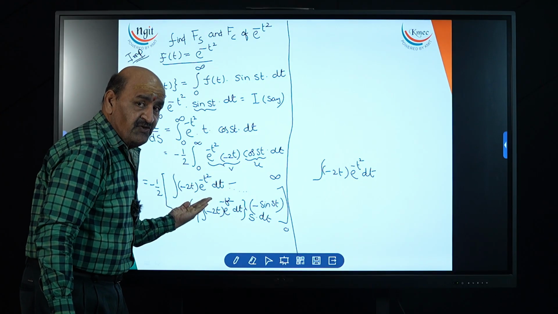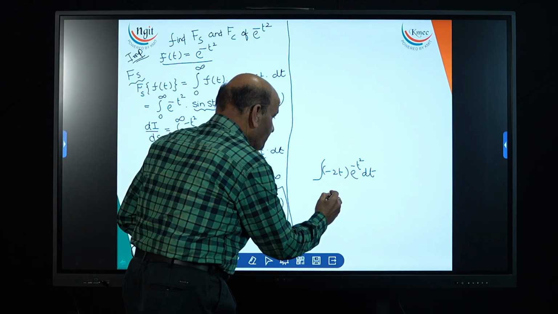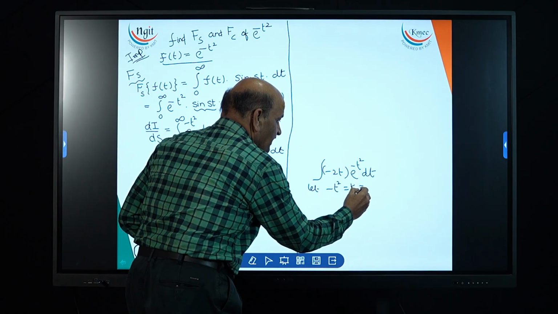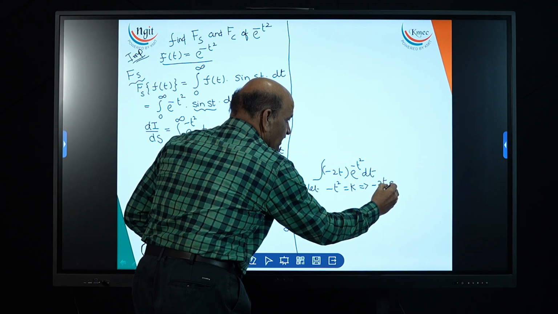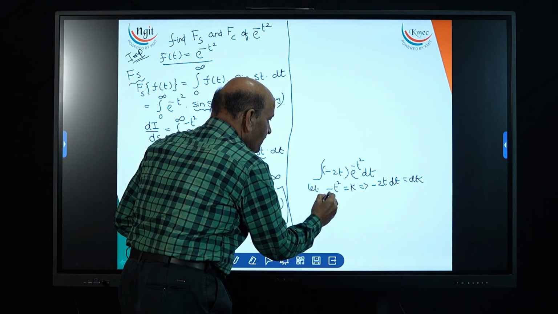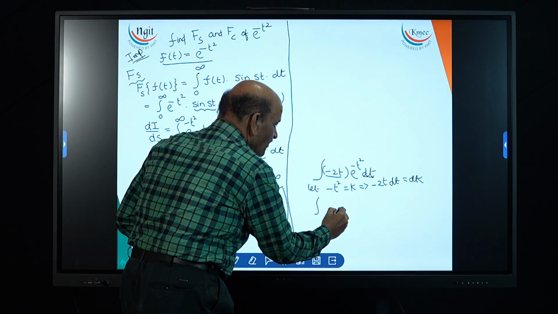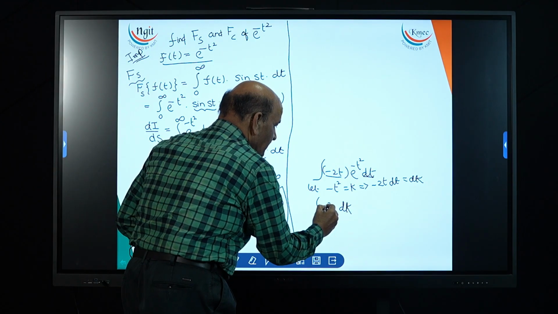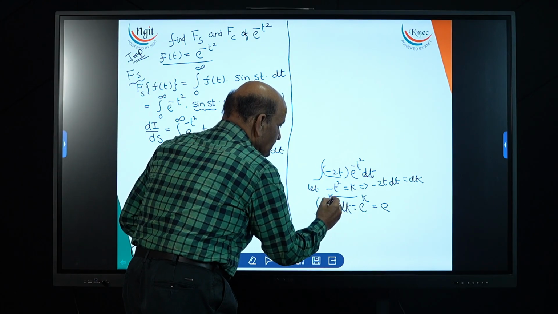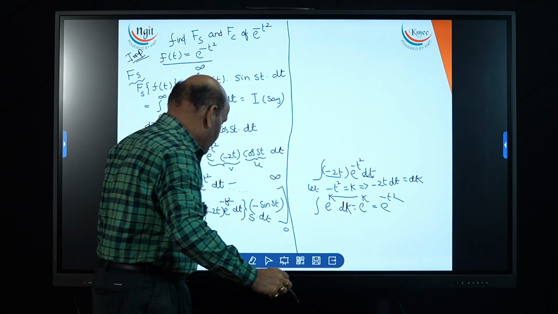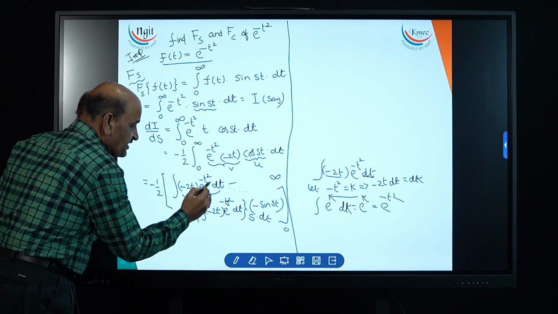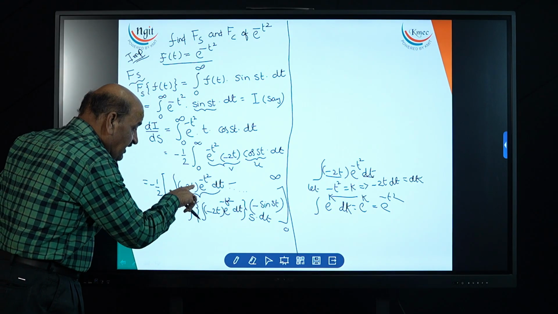Now for simplification, let minus t square equal k. Then minus 2t dt will become dk. In the power, it will become e power k. For k, that means minus t square. That means for the entire thing, this value will become e power minus t square. What is the value we have here?